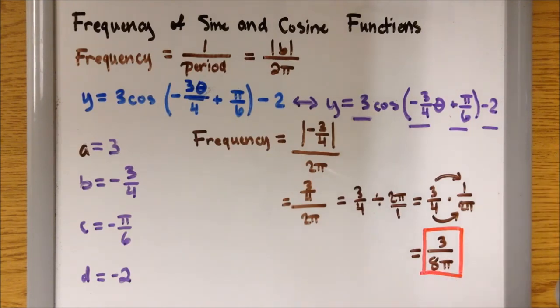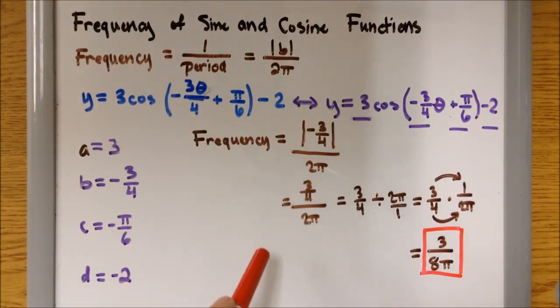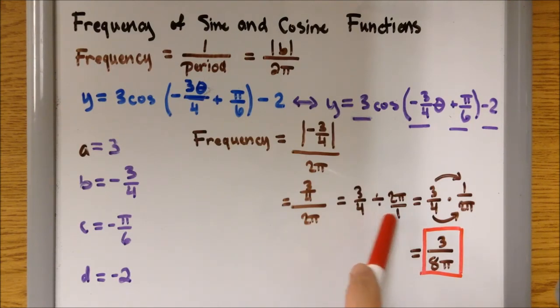Now what happened here was that our b value started off as a fraction, and our fraction was in the numerator. So when we have that, I rewrote it as a division problem where numerator goes first, division, then denominator. Then I changed 2 pi into a fraction because I wanted to change from division to multiplication.